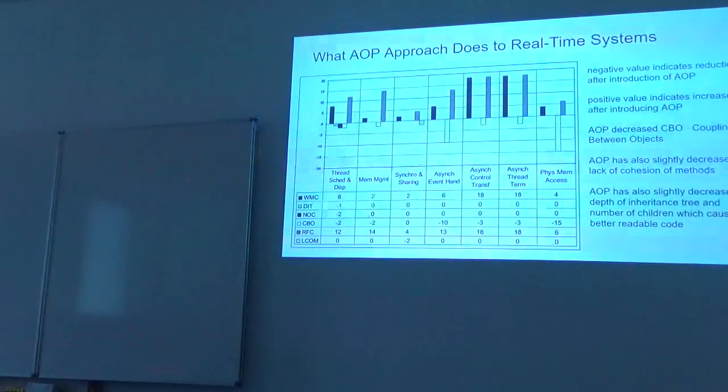Here you can see that object-oriented metrics are related to the attributes of software quality.